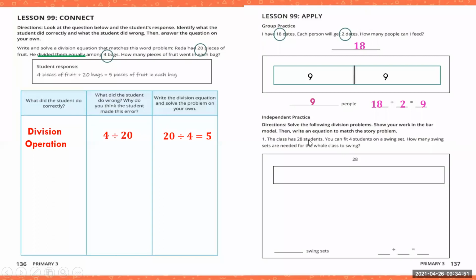I want to distribute them into fours, or divide them into fours. So 28 divided by 4 equals 7. So I will divide 28 into 4 equal parts and put 7 in each part.